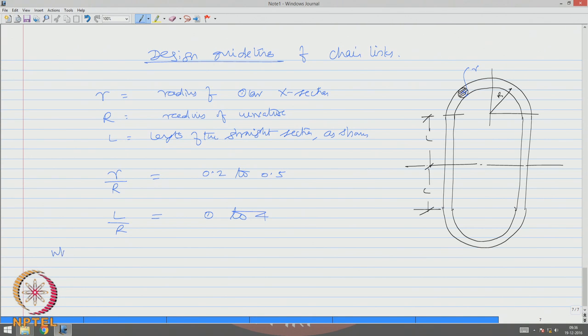Now, interestingly, when the stresses in the links are more than permissible, there are two ways of correcting it. One, increase the diameter of the cross section.